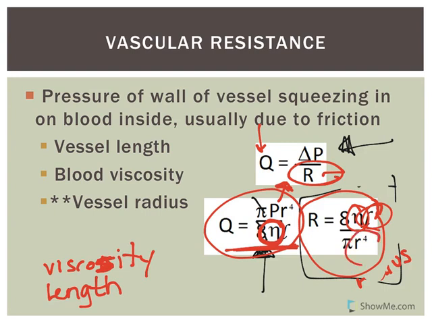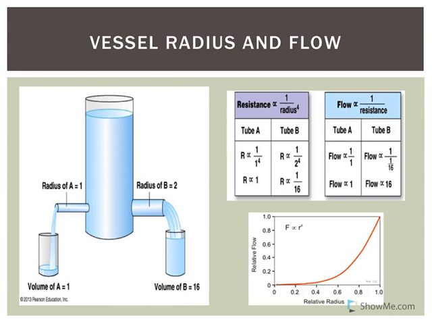What's even more important is looking at this r, the radius. The friction can depend upon the radius of that blood vessel wall. So here, if you look at this picture, you see you have a radius of A is 1, the radius of B is twice the amount. Notice you got much more water into this container than here. It's direct, but it's not proportional.